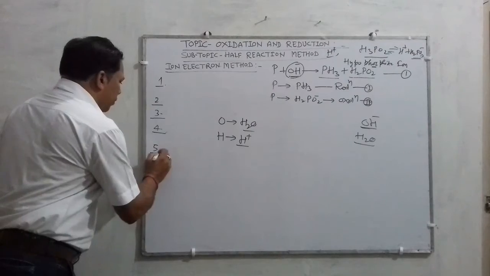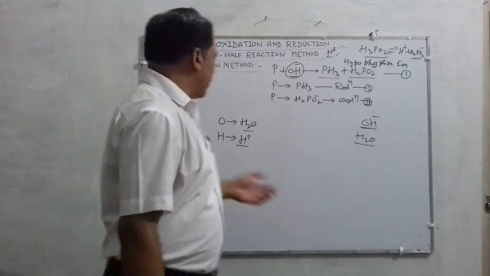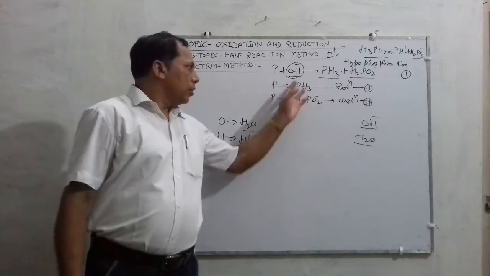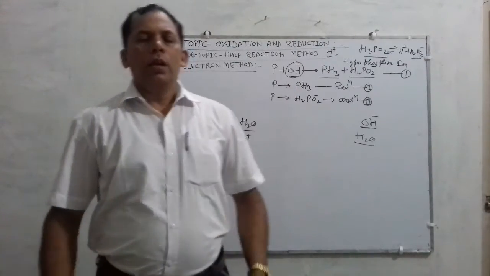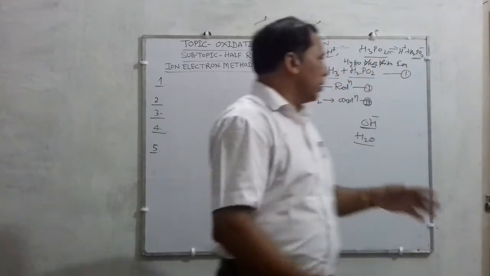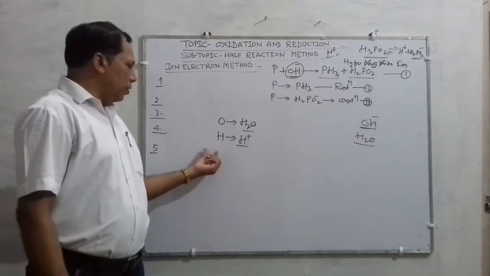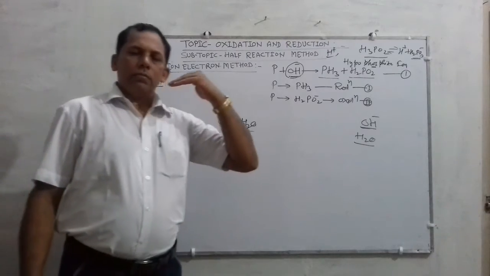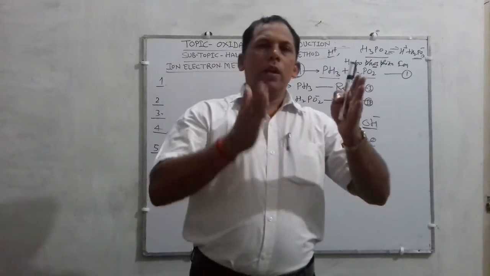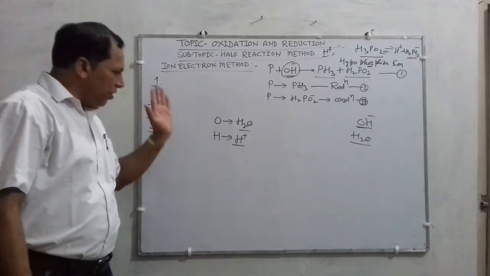Now come to the fifth rule, which is also very important. It states that for the balancing of charges in these two half reactions, if cations are in excess, then the same number of electrons are added on the same side.